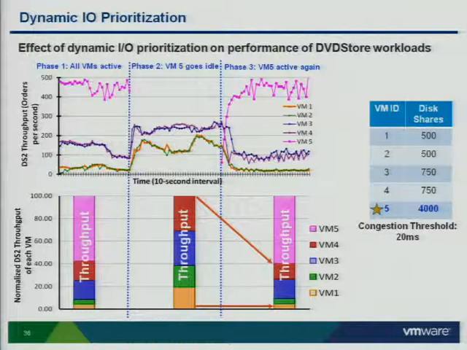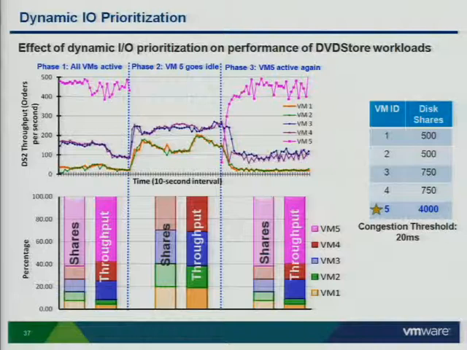So as I told you, let's compare the shares with their throughput percentage. And as you can see, the throughput of each individual VM in each phase was proportional to the disk shares of the VMs in all the phases. And the gentleman over there asked that question. The throughput in phase 1 and phase 3 for VMs were not exactly identical to their shares.